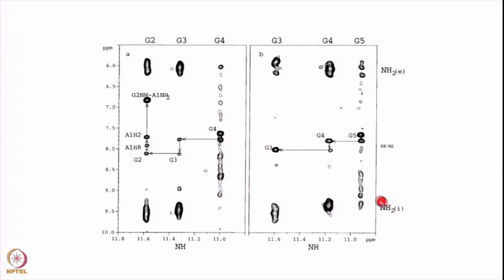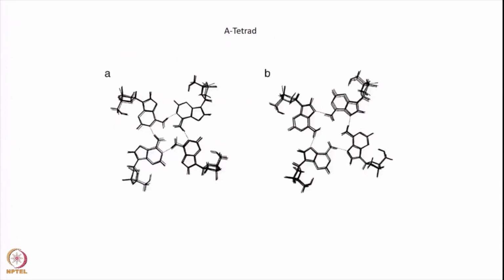From the amino protons you are seeing NOEs to the various imino protons, imino protons to amino protons you see NOEs, and also to these amino protons. Otherwise you normally do not see the amino protons, but here you are seeing the amino proton peaks as well, because these got stabilized in the formation of a tetrad, and that is shown here. Therefore this was an A tetrad, we called this an A tetrad. You can see the hydrogen bonding scheme here.